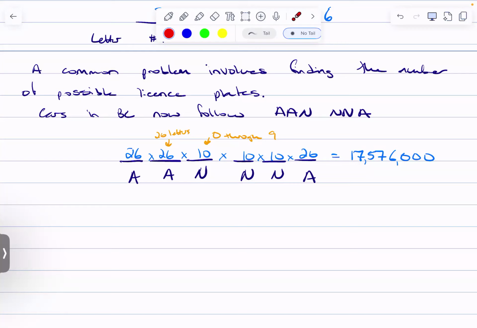There are some combinations that I think they remove, right? Kind of if it spells something bad, you get it. There's some that they don't put out there, but in general, 17,576,000 different plates. Crazy. And that's just with the new naming system.